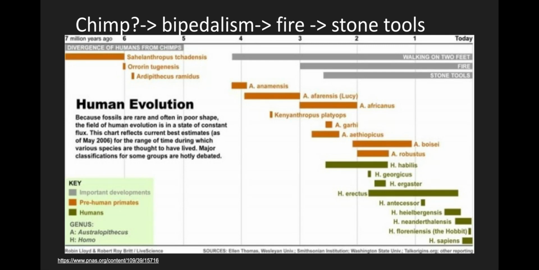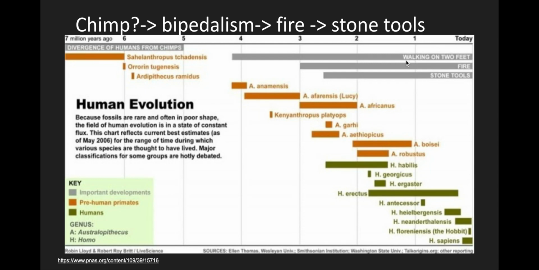Two feet. Bi meaning like a bicycle, you got two wheels. Ped as in a pedestrian, or a pedal, or a pedicure. They're talking about your feet. So walking on two feet. Also, being able to use fire and stone tools. We see that stuff in our development.